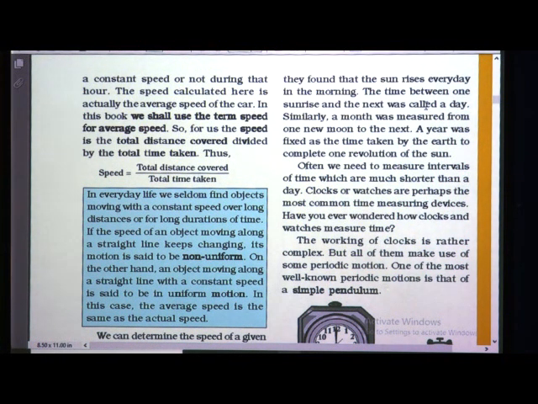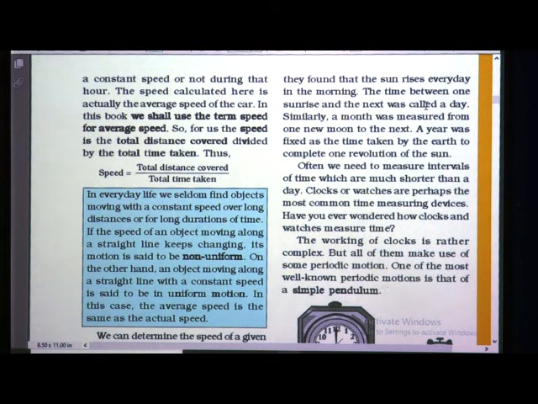Whenever there is a sunrise, there is a morning, we know. So they also observed that whenever there is a rising of the sun, it is morning time. The time between one sunrise and the next was called a day. Every day they observed that at a particular time the sun is rising, and after that there was also sunset, and in between you can see the daytime and also the night time.